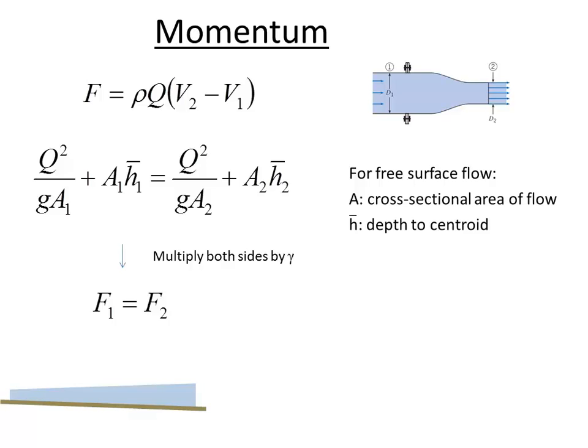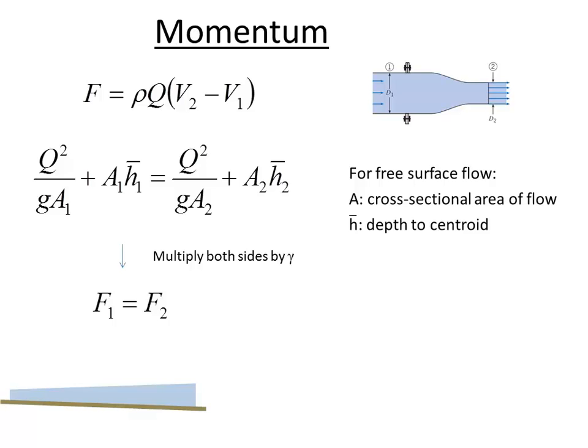This first equation that's on the board here is sort of the analogy of what happens when we translate conservation of momentum to free surface flow. There's a kinetic term and a static term. And if we look at the units for each of these terms, I'm saying that if you multiply both sides of this expression by gamma, the unit weight of water, then you'll have forces.